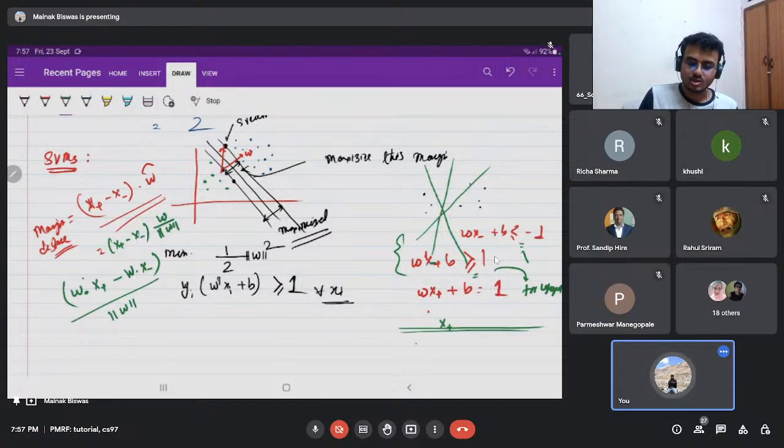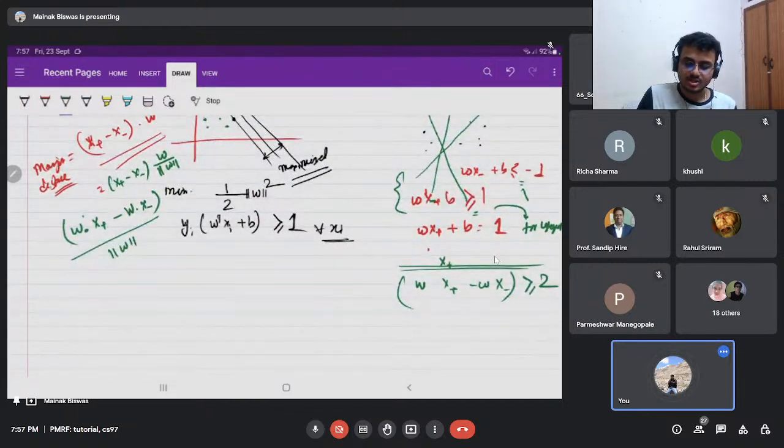Just subtract these two equations, w x plus minus w x minus. Sorry for my illegible handwriting, please bear with it. That is greater than or equal to 2, or actually equal to 2, right? Because for support vectors.